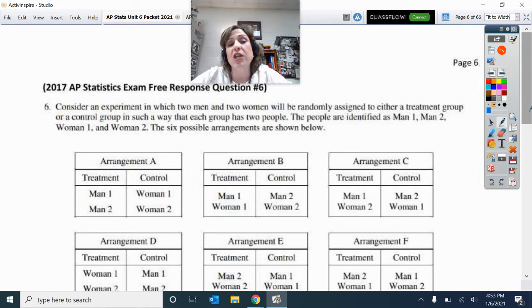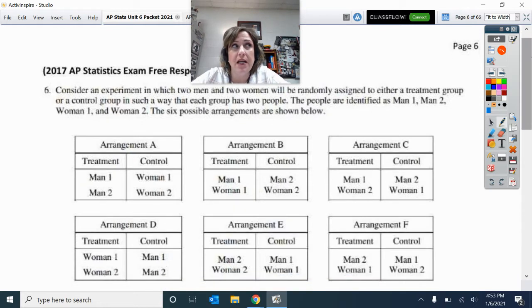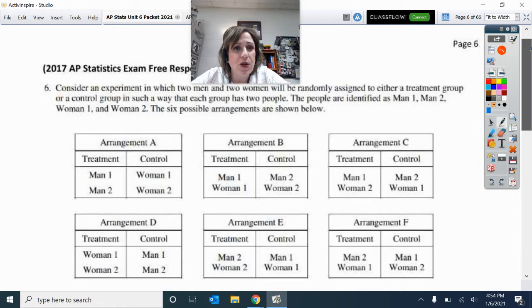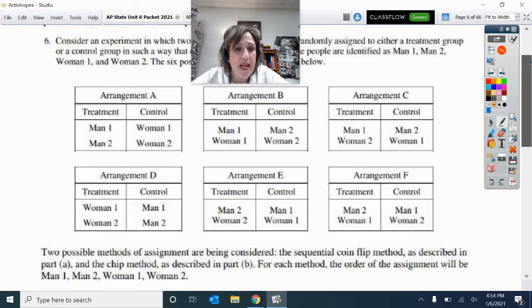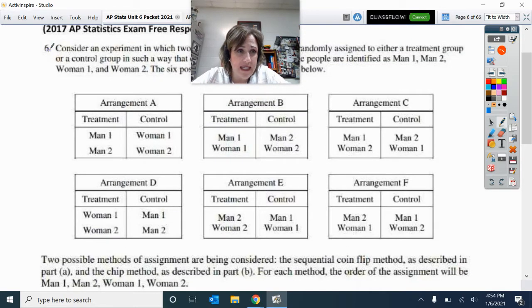Okay, so let's take a look at this problem. It goes through the idea of probability distribution and applies different things. Here's what we have. They are assigning men and women to either the treatment or the control, and they have 2 men and 2 women.